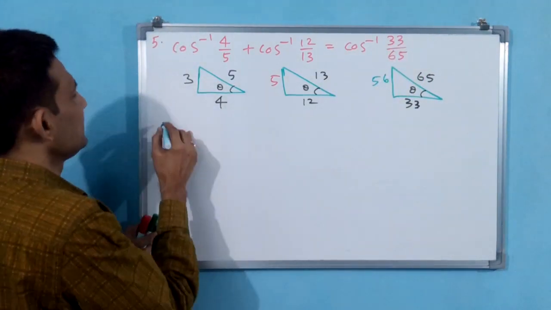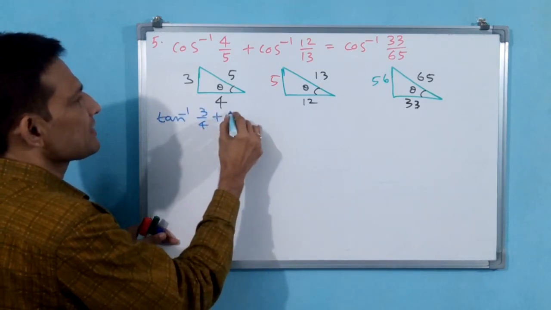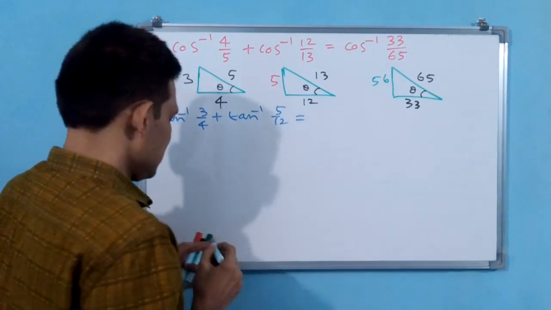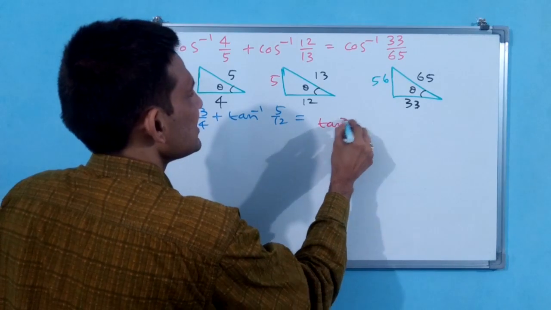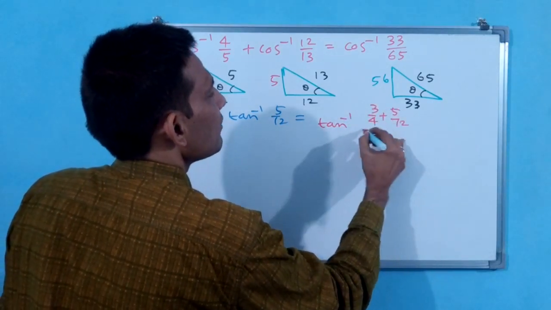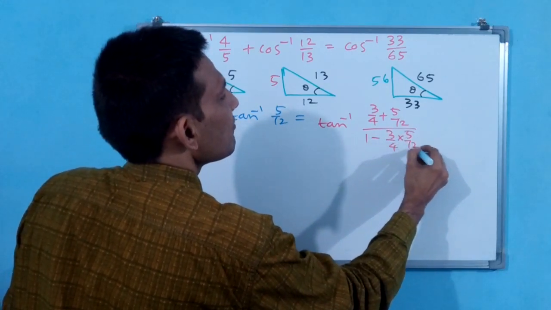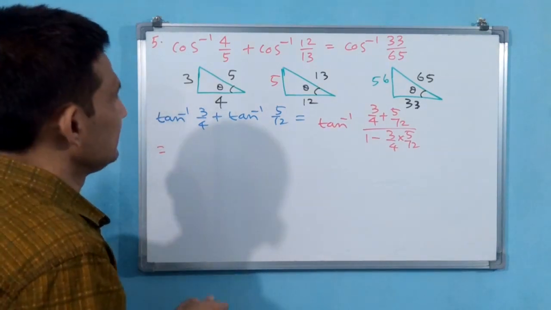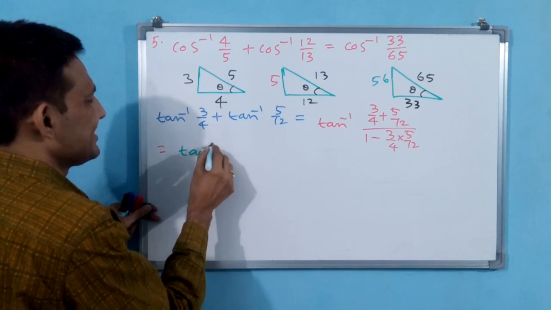Let us write: tan inverse 3 by 4 plus tan inverse 5 by 12 is equal to tan inverse of (3 by 4 plus 5 by 12) by (1 minus 3 by 4 into 5 by 12).